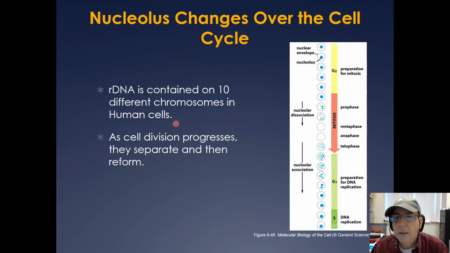The nucleolus is pretty dynamic. If you remember the karyotyping and schematics from about 4 lectures ago, there are 10 different ribosomal RNA gene clusters on different chromosomes, and they come together to form the nucleolus.